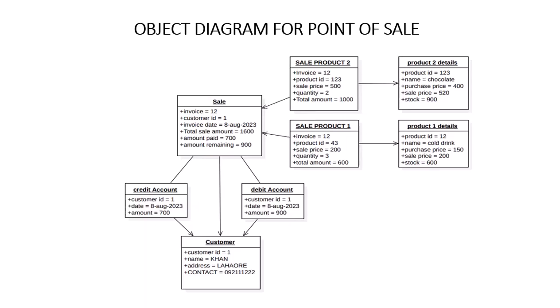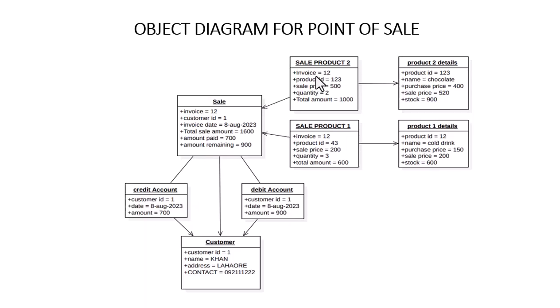And in sale, we have attributes invoice number and customer ID. Here we took invoice number, for example, 12, customer ID 1, invoice date 8th August, total sale 1600, that will be calculated after selling these products, amount paid 700 and remaining amount 900.